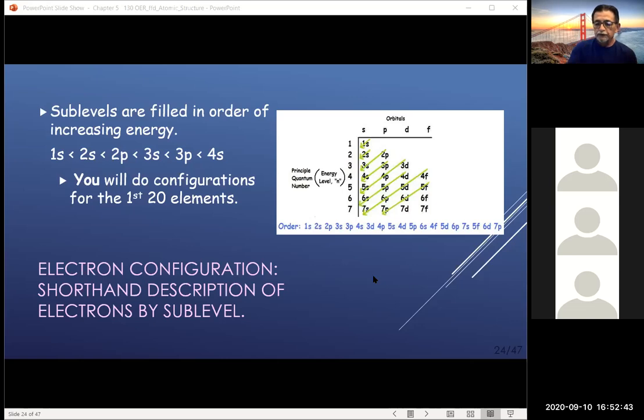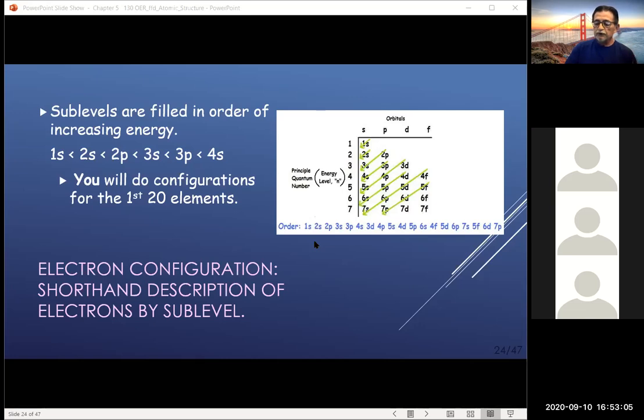Now, the book gives you this particular diagram, and there's the order that you have down at the bottom in blue, where you start off with the 1s. The 1 number, okay, the coefficient, is the energy level. The S, obviously, is the orbit, okay? Now, we're going to start adding superscripts on the letter.